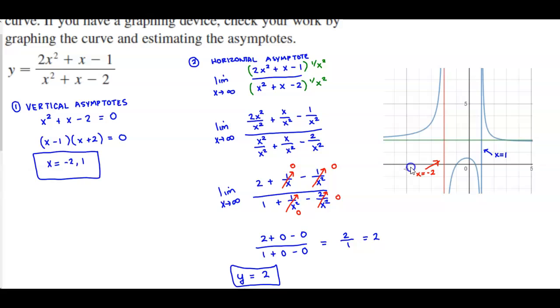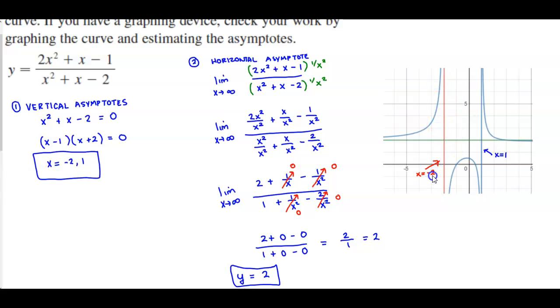As x is approaching -2 from the left, we see that the function is approaching positive infinity. And as x is approaching -2 from the right, we can see that the function is approaching negative infinity. So that means that the limit does not exist, which is the vertical asymptote at x equals -2.